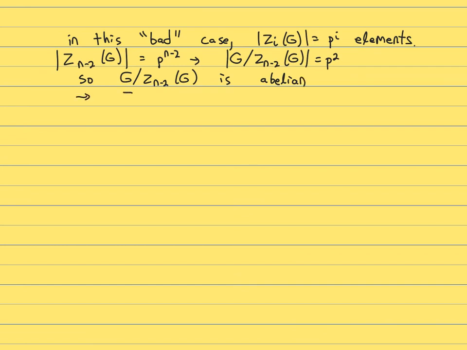Which means that the center at that point is the whole group. Which tells you that Z_{n-1} of G is G. So the point is, in the worst case scenario where you keep getting exactly one more power of p for each of the centers, you actually terminate at n minus 1 because of this fact.